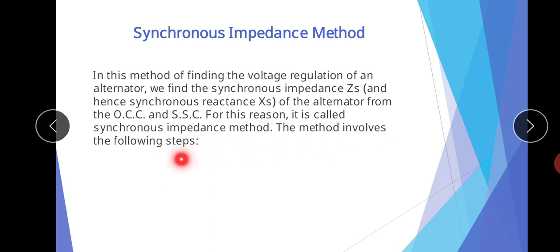We study the open circuit characteristics and short circuit characteristics. With the help of these graphs, we find the synchronous impedance ZS and synchronous reactance of the alternator.